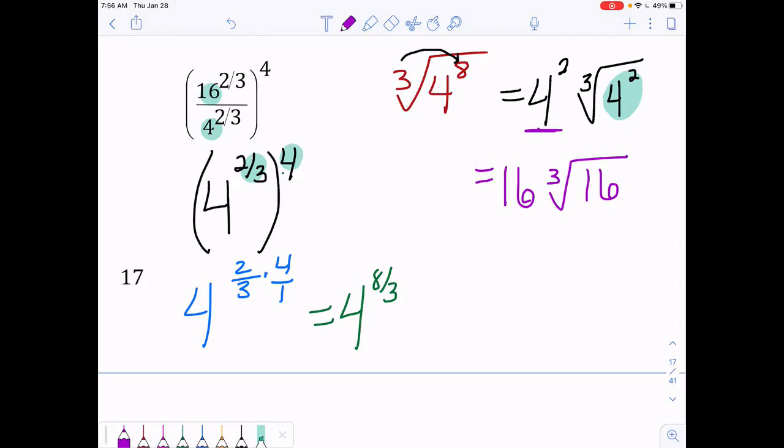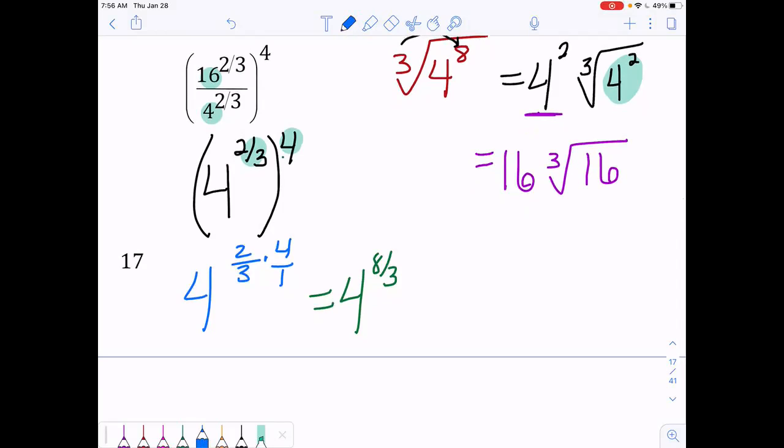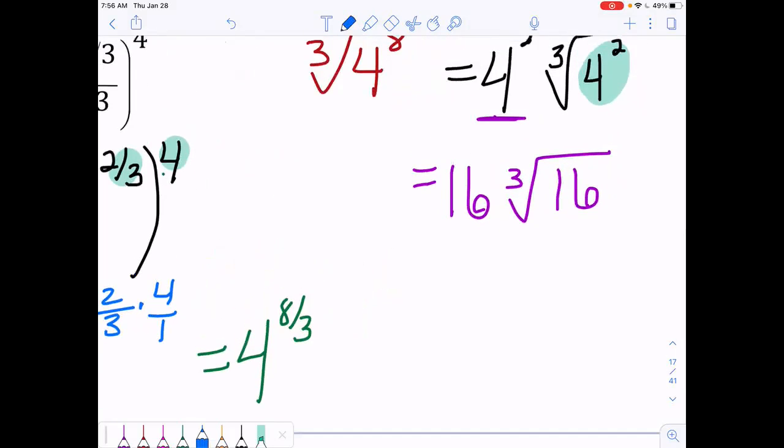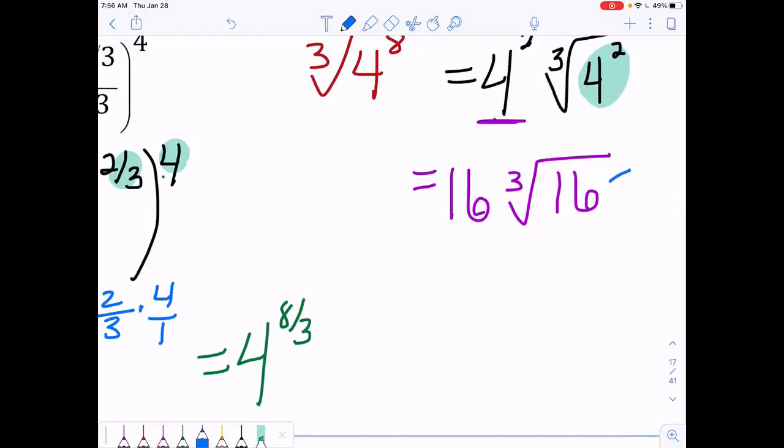This is a good problem. Now, the last question you ask yourself before you move on. Is it completely simplified? Can it be broken down any further? Cody, you're shaking your head. Why can't we break it down further? We can break it down further because 8 times 2 equals 16.